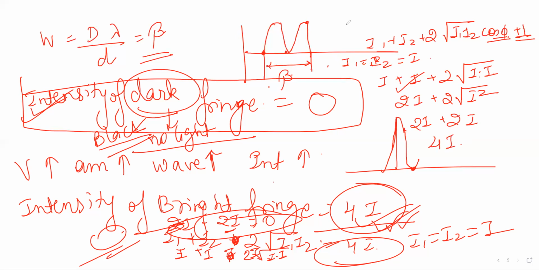But in case of destructive interference, the cos value will become minus 1, because it is coming from the negative side of the wave. So everywhere we take a negative, and this will become 0. Understood, Vasu?